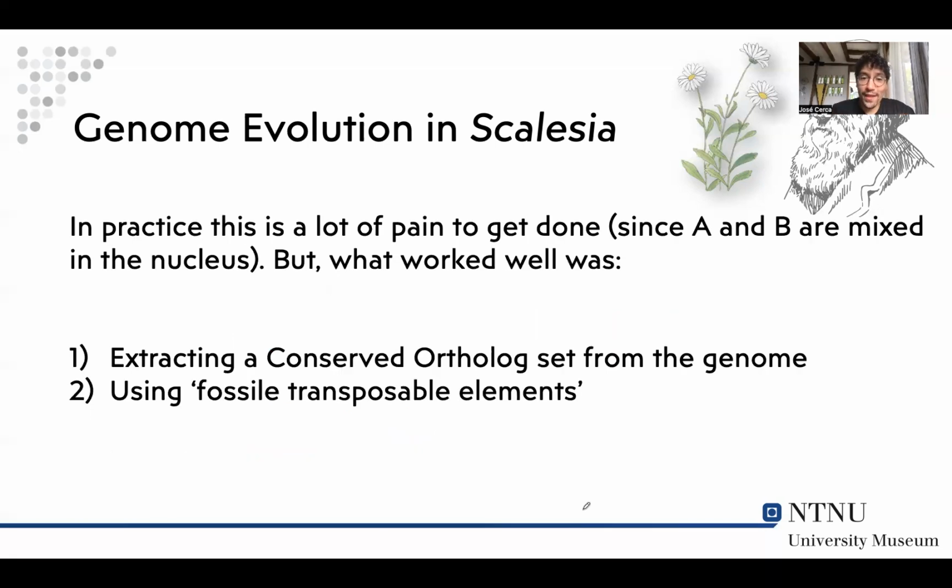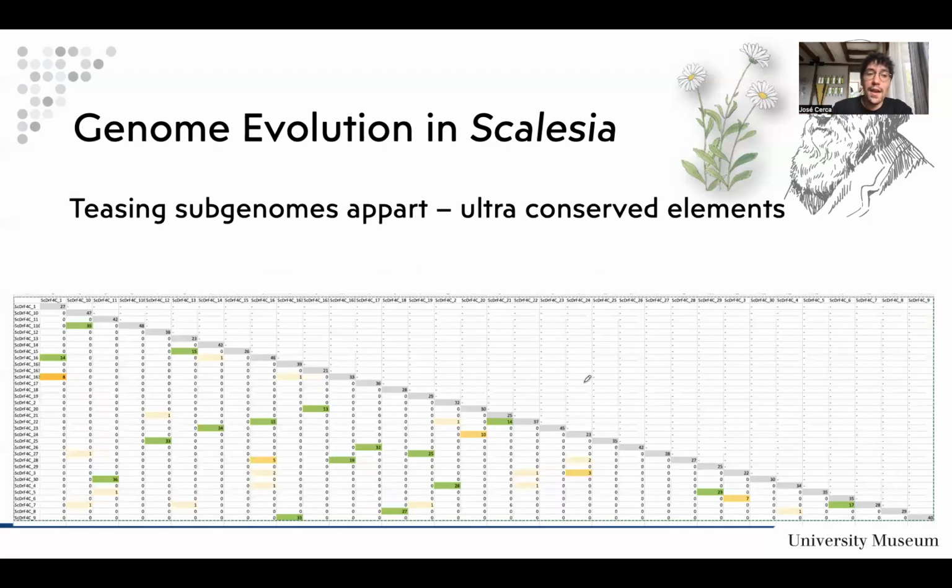It was a lot of pain to get this done, but what really worked well for us was to focus on conserved genes, so on conserved ortholog sets, and then using fossil transposable elements. And for the first step, what I did was I mapped these conserved genes and I asked which genes are in duplicated levels. And then I did this pairwise matrix exploring the relationships of conserved genes and their chromosomes.